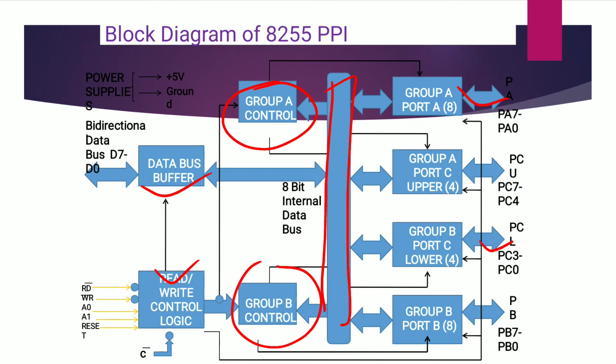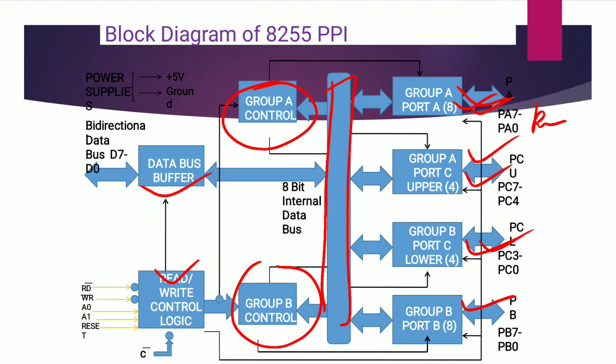This is group B port C lower, and this is group A port C upper, and this one is group B port B. This is group A port A, means port A is 8-bit, so PA0 to PA7.